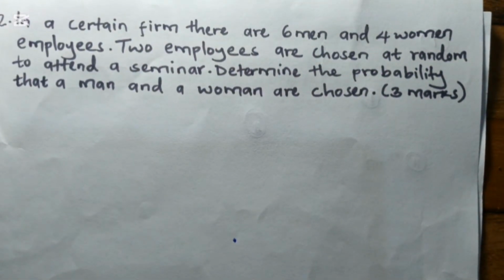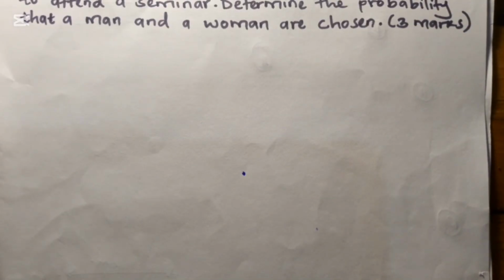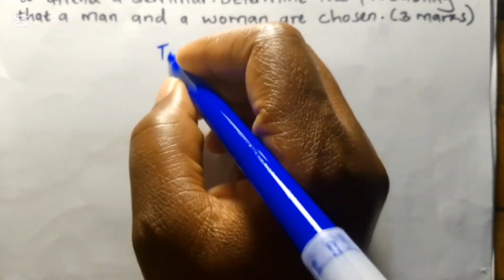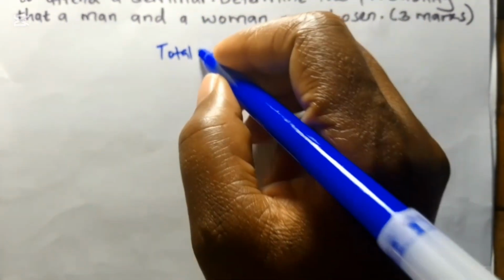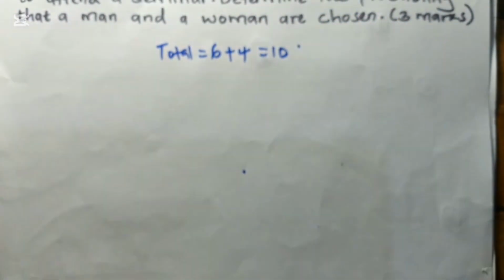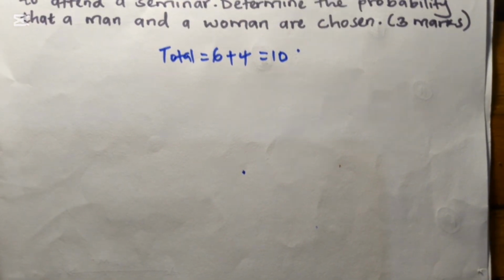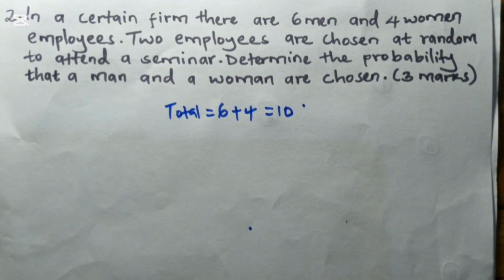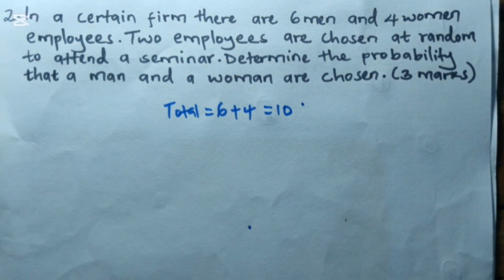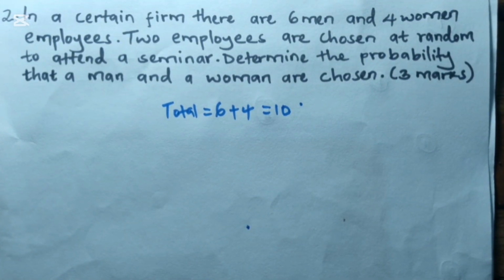So, as you can see again here, the total of employees will be 6 plus 4, which is 10. So, we want to know the probability that a man and a woman are chosen.